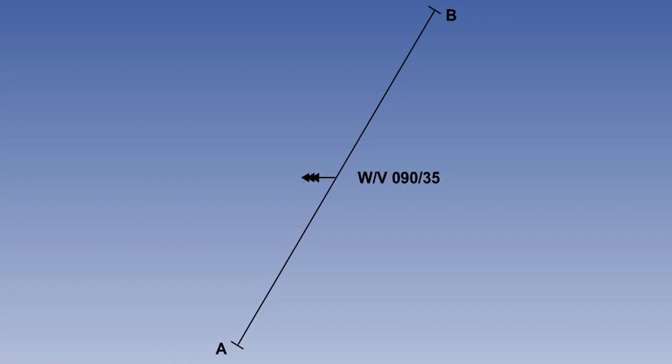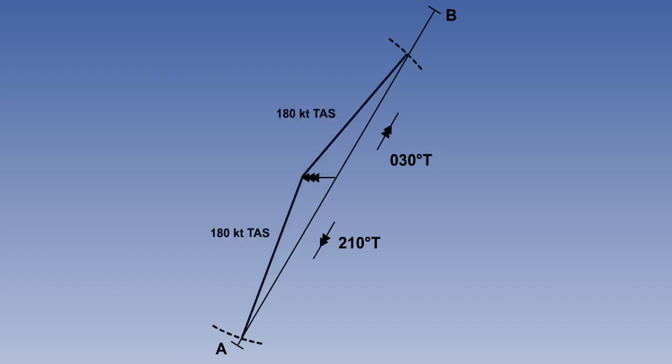Plot in the wind, 090 at 35, downwind. With a pair of compasses, draw arcs corresponding to 180 knots of TAS, and draw in the lines corresponding to the air vectors. This is O, with its heading of 040, and this is H, with its heading of 200.